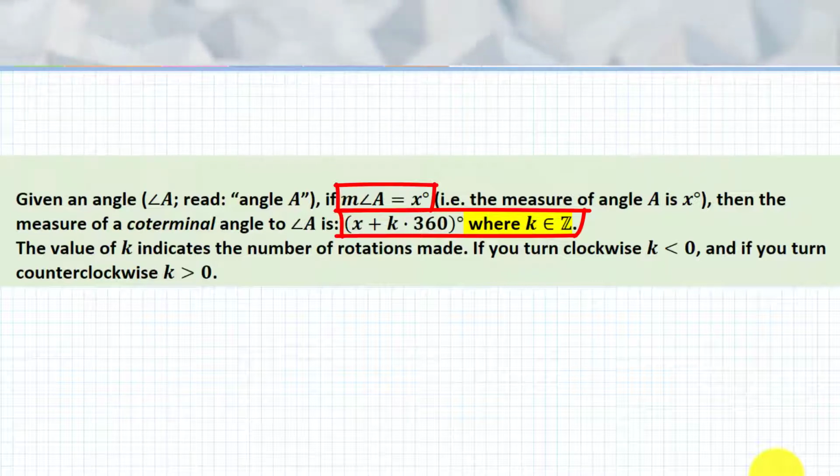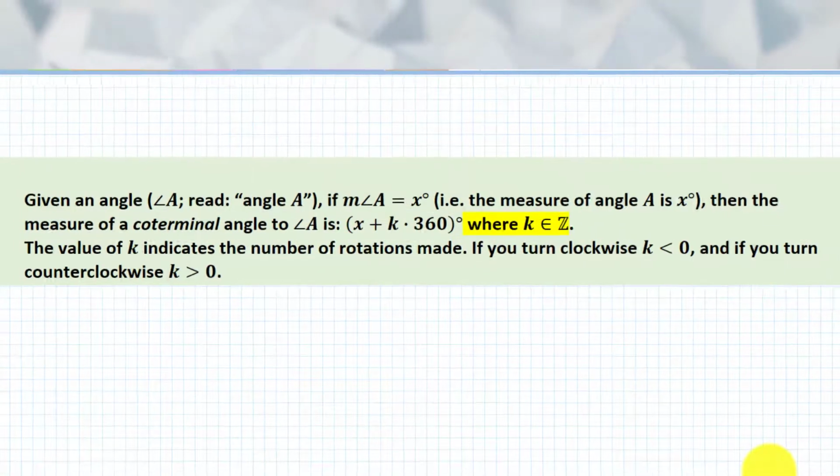Instead of saying plus or minus a multiple of, I can say x plus k times 360, k being an integer, with a positive or negative value. The absolute value of k indicates the number of rotations that you are making.